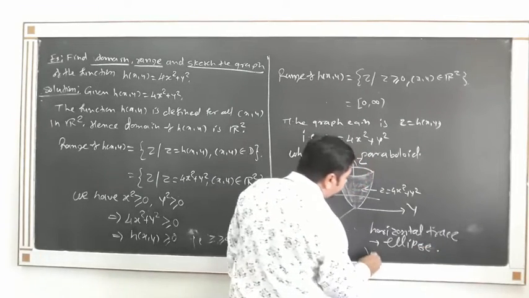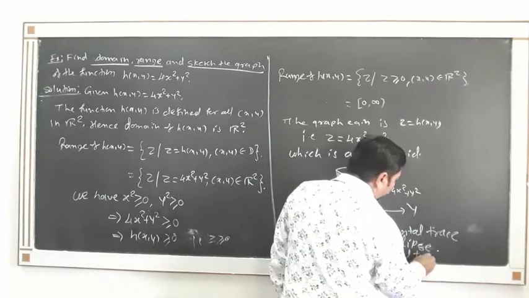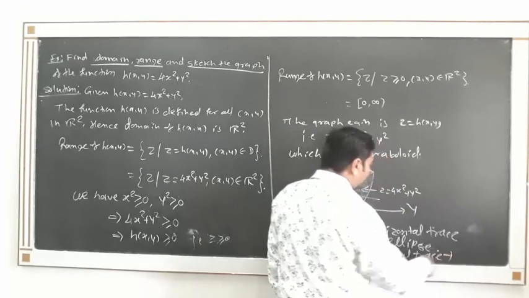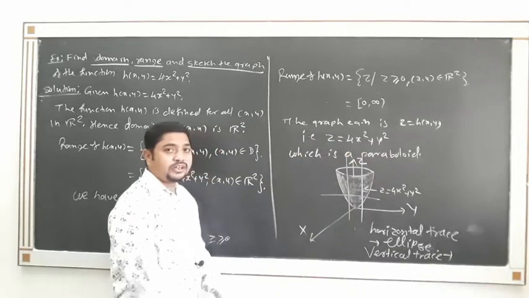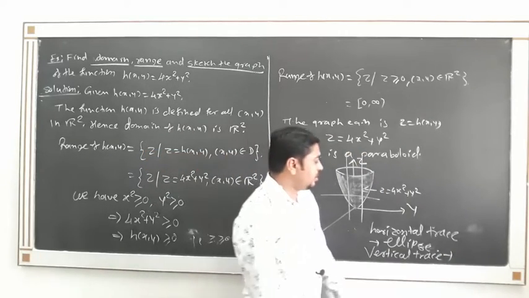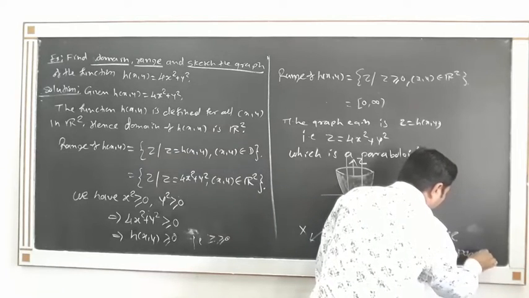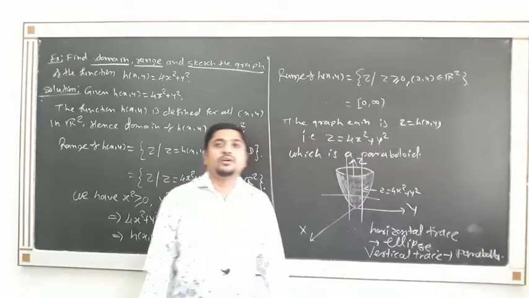And if you take the vertical trace, that is, we cut it vertically, then what are we getting? We are getting a parabola.